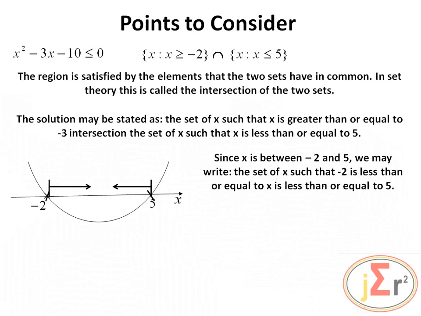Since x is between -2 and 5, we may write the set of x such that -2 is less than or equal to x is less than or equal to 5. And we are accustomed to seeing this kind of a setup. It is present in many of the previous topics.